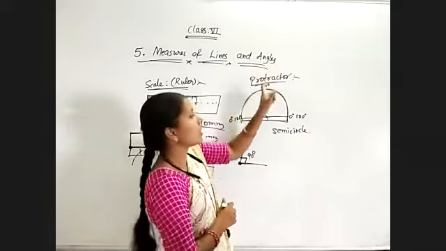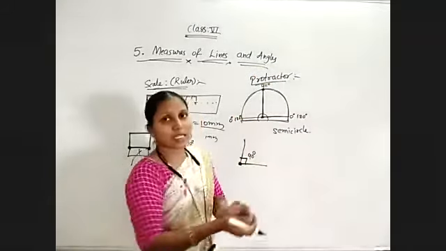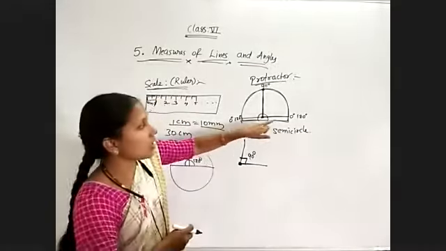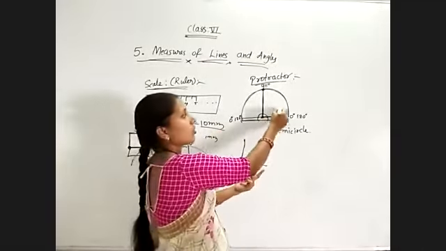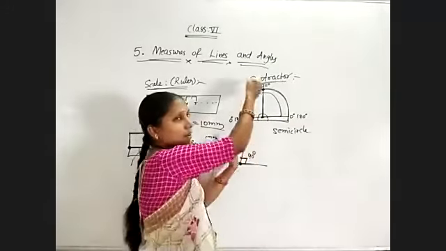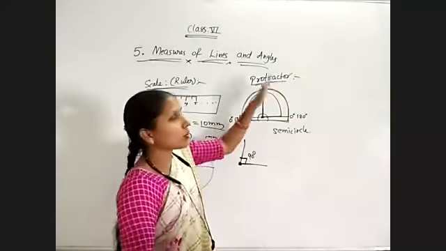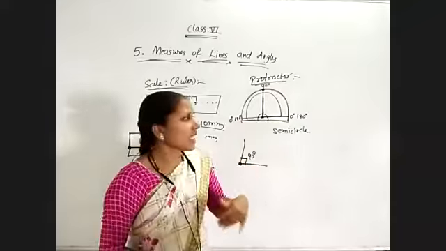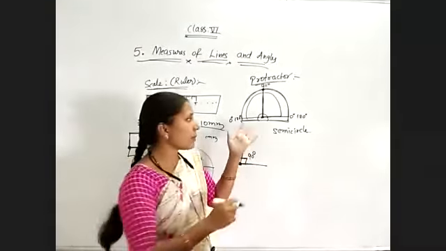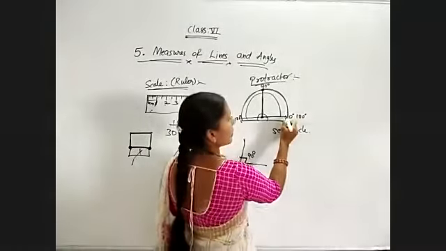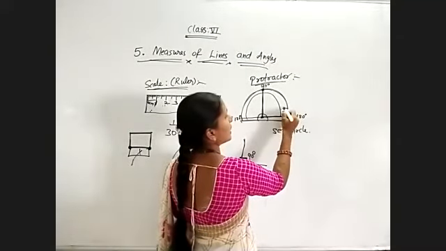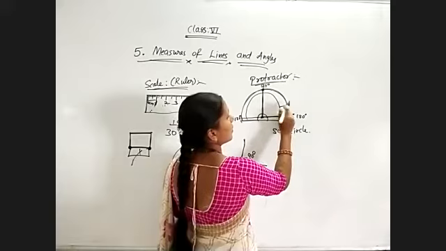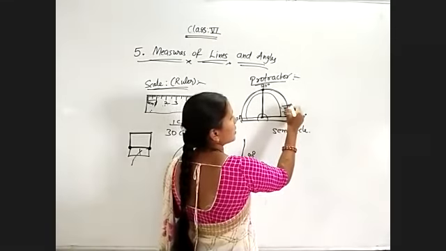It measures the angle. Now on the instrument, some measurements are given. So 0 to 180 from one direction, down values 0 to 180, and upper values also we have 0 to 180. Why are they given two values? Between each degree, see 1, 2, 3, 4, 5, 6, 7, 8, 9, 10, like this.